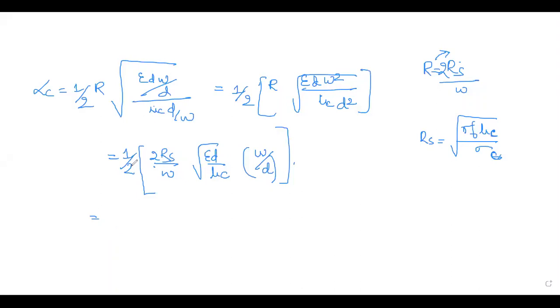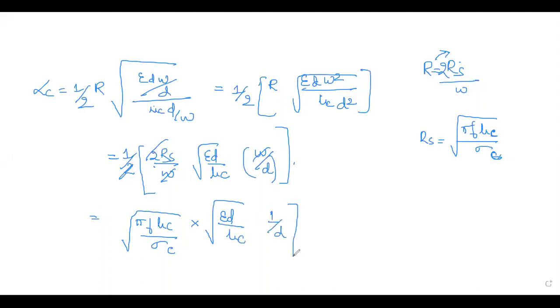So those equations, 2 and 2 get cancelled. Again here, W and W get cancelled. So you'll be left with Rs. Rs value is nothing but square root of pi f mu_c by sigma_c into square root of epsilon_d divided by mu_c into 1 by d.